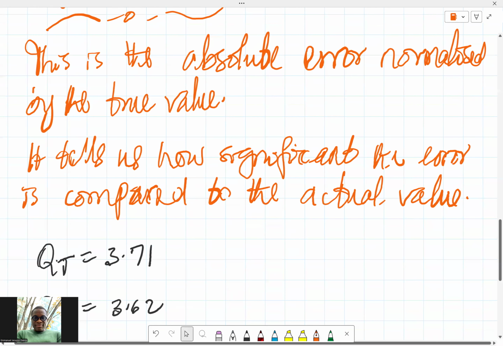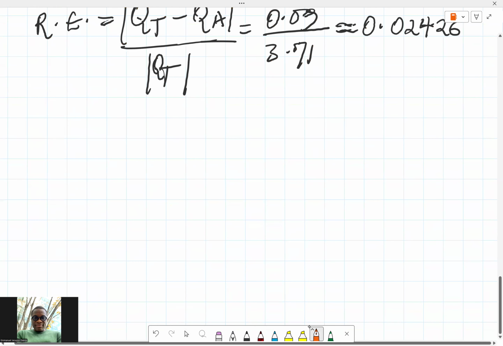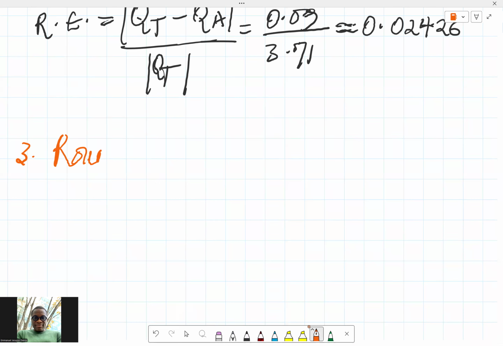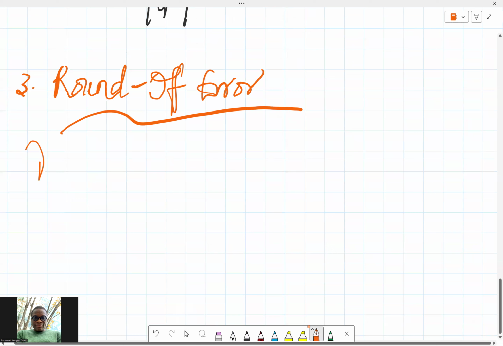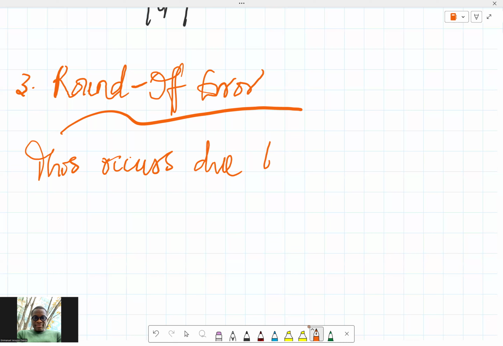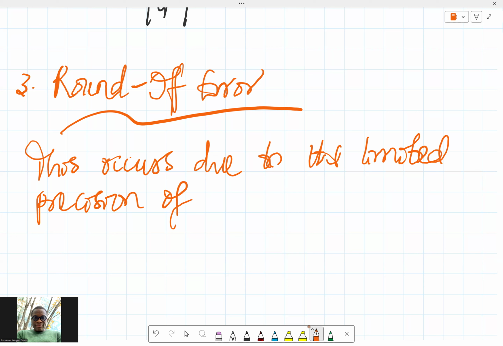Okay. So we have absolute error, relative error, and finally we have what we call the round-off error. Round-off error occurs due to the limited precision of computer numbers.